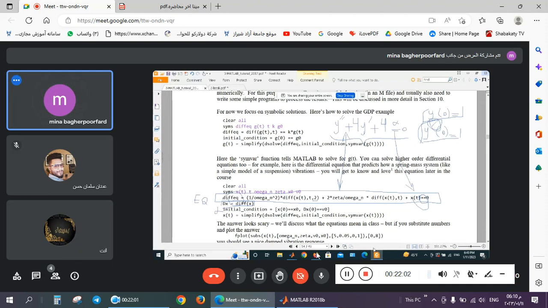dsolve is okay, but I should simplify the result. I copy and change. After that, I change my name because I don't have x, I have y. And also I need initial conditions.